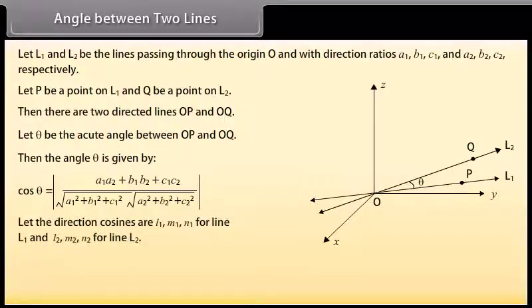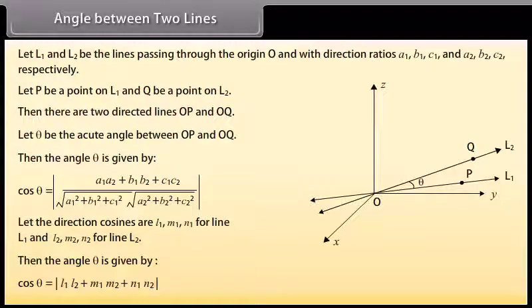Let the direction cosines be l1, m1, n1 for the line L1 and l2, m2, n2 for the line L2. Then cos theta equals modulus of (l1 l2 plus m1 m2 plus n1 n2).